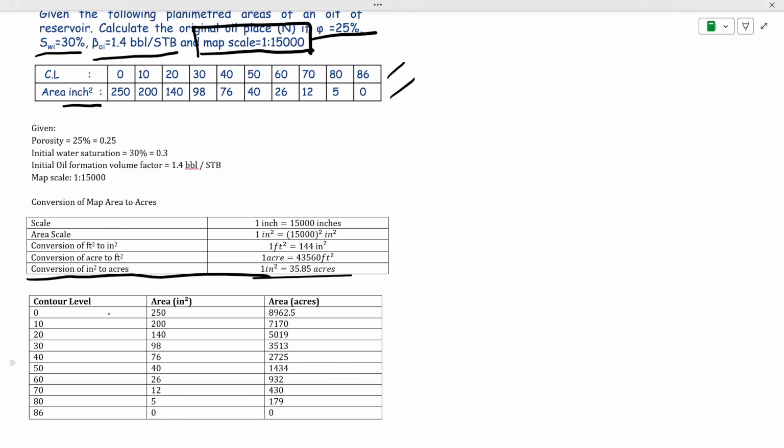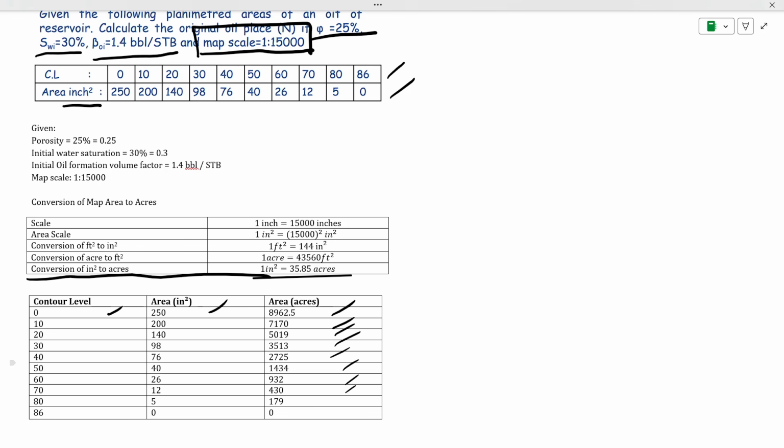At contour level 0, the corresponding area in inches squared is 250, and the equivalent area will be 8,962.5 acres. So repeat the process for every contour level.